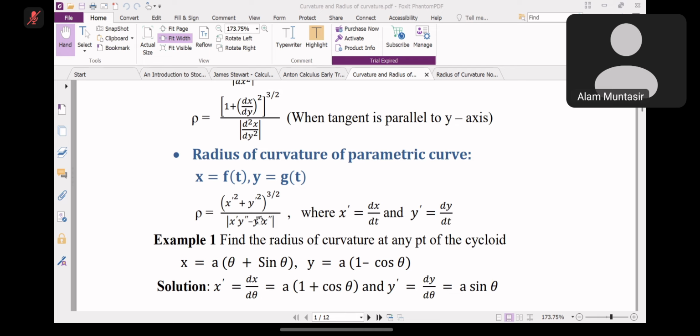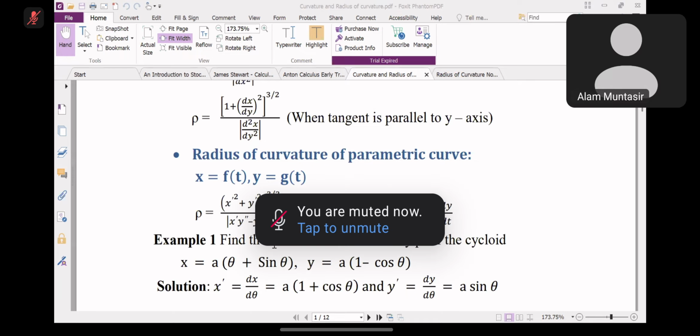Then the radius of curvature for this parametric curve should be rho equal to (x prime square plus y prime square) whole to the power 3 by 2 divided by modulus of (x prime y double prime minus y prime x double prime). So this is the formula for parametric curve.